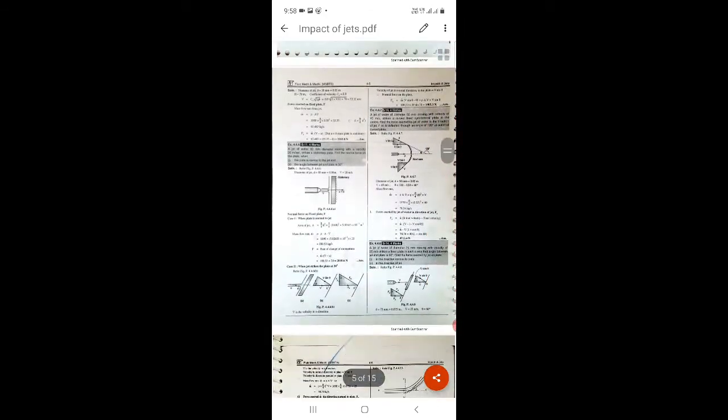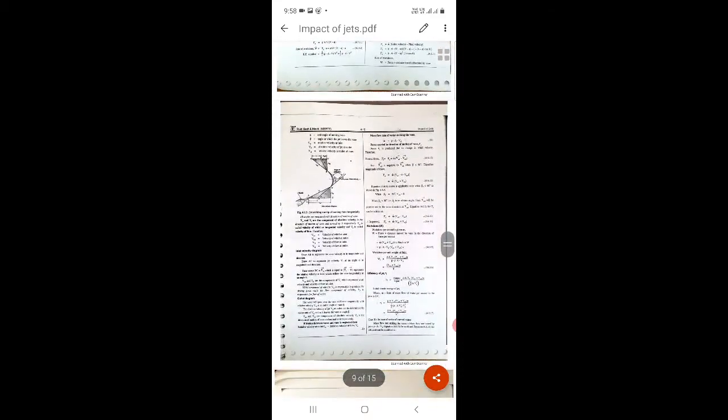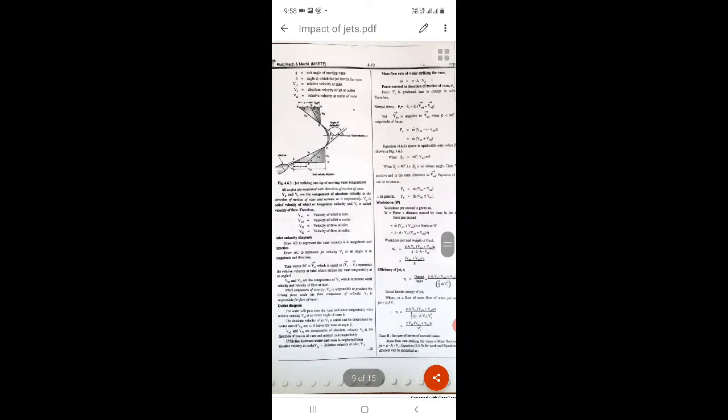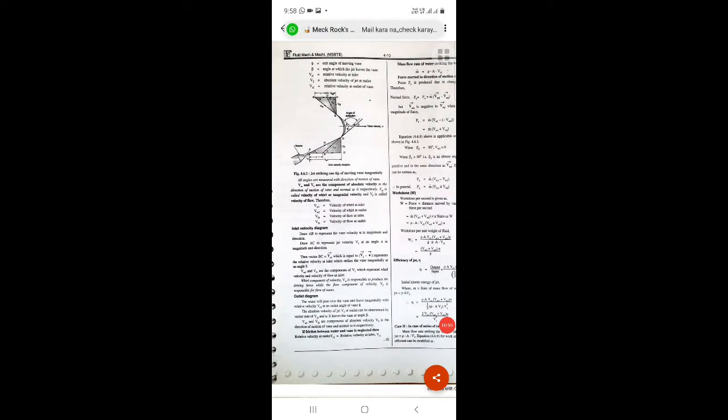So the next case is the curved plate, and this is the inlet velocity diagram. Draw AB to represent the velocity of the vane in magnitude and direction. Draw AC, representing V1 at angle alpha.